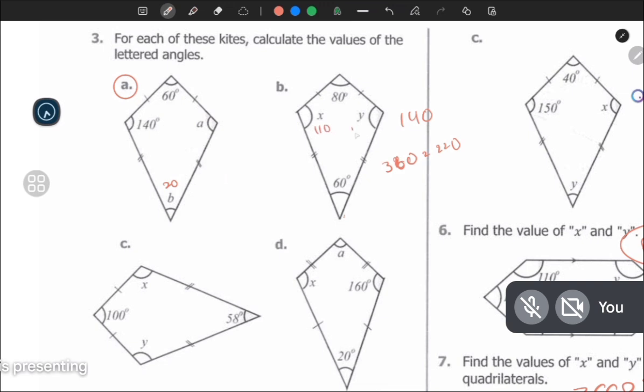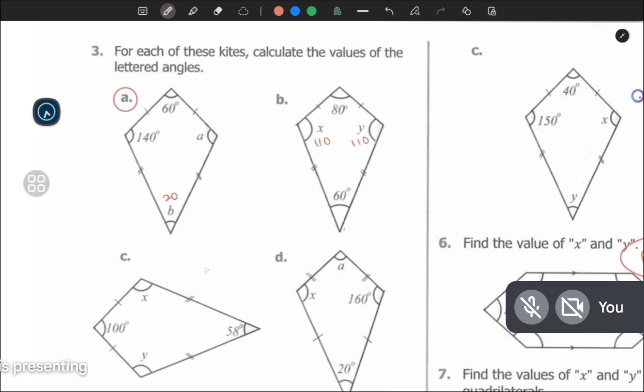Which gives you 110 each. And then for C, I think it's 101 for X and Y. So 360 subtracted by 158 gives you 202, 101 each.